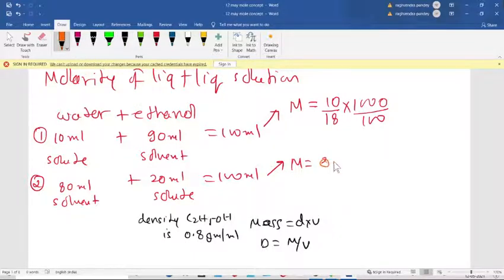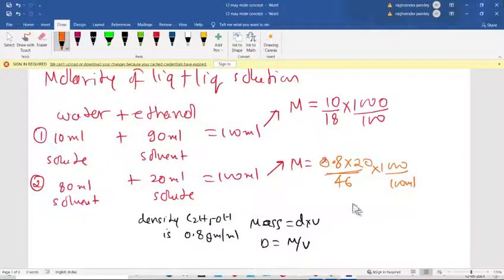0.8 into volume, 20, divided by the molecular weight. The molecular weight will come as 46, into 1000 upon total volume, that is your 100 ml.